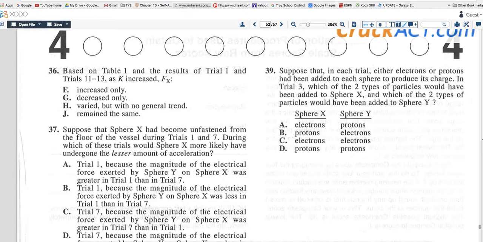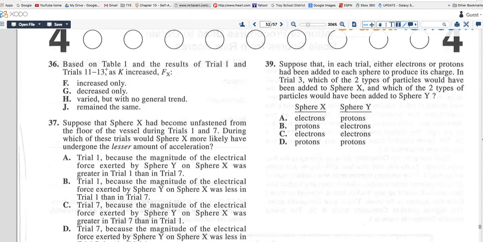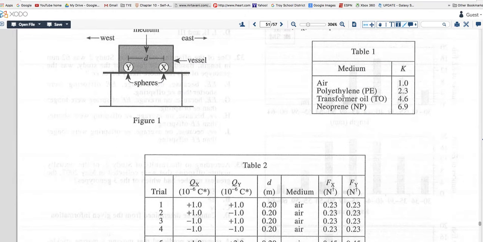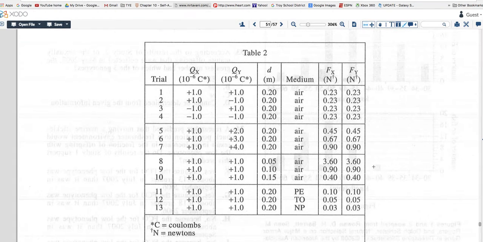Okay, guys, let's go over this now. Come on. 36. Who can do this? Manito. Okay, so you underline table 1, trial 1, and trials 11 through 13, and then K increase. So you look at the little table, and for the 4 medium things, the K is increasing. When you look at trials 1, 11, 12, and 13, the mediums are increasing, and the FX is decreasing.